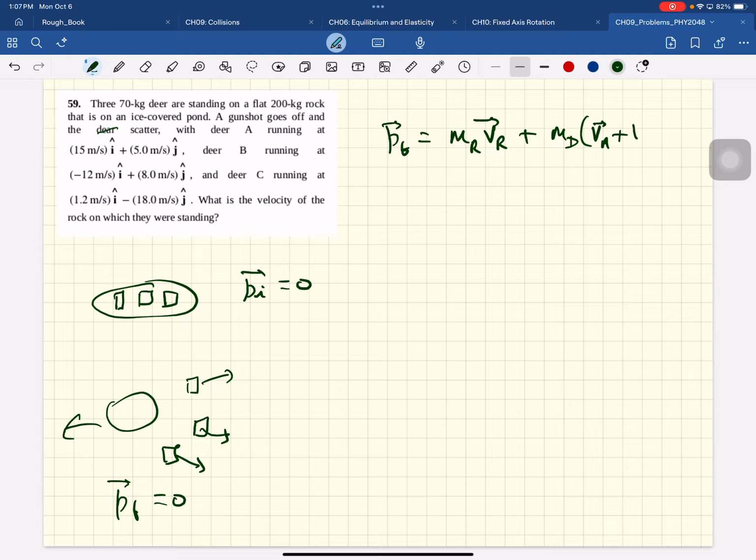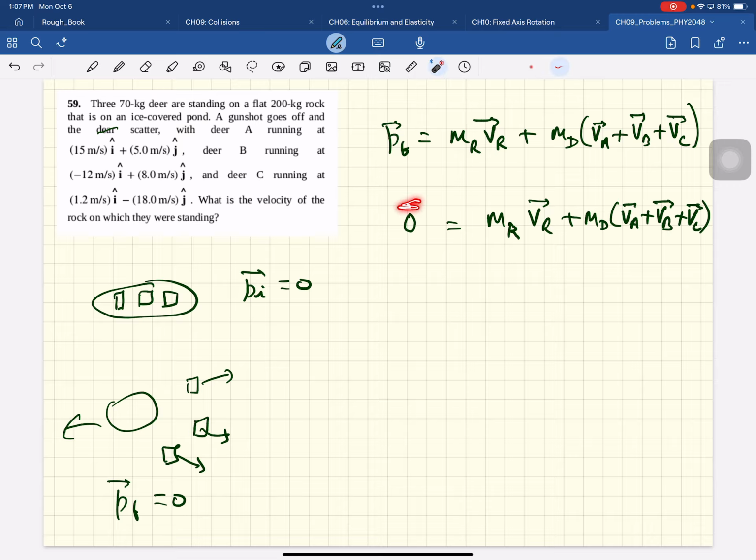Velocity of deer A, velocity of deer B, plus velocity of deer C. This is the momentum of deer A, deer B, deer C. So this is 0. Really this is the 0 vector.